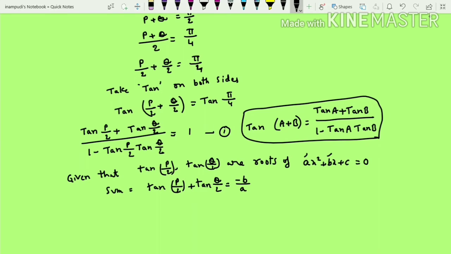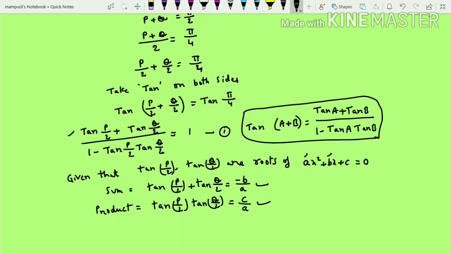Also product of the roots is tan P by 2 into tan Q by 2, equal to c by a.